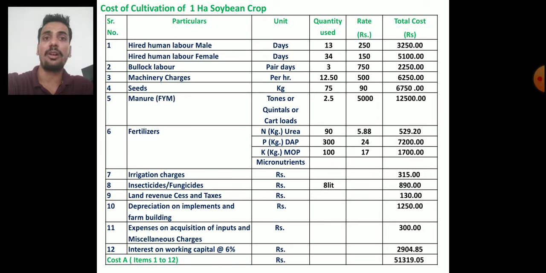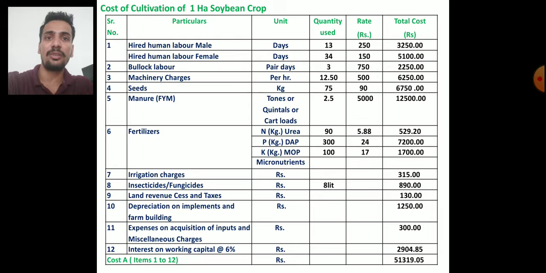Now from our operation sheet we have to make a summation of all the hired male human labor, and you have to write here in quantity used, that is 13. It is a hypothetical example. 13 hired males are required for the cultivation of 1 hectare of soybean.